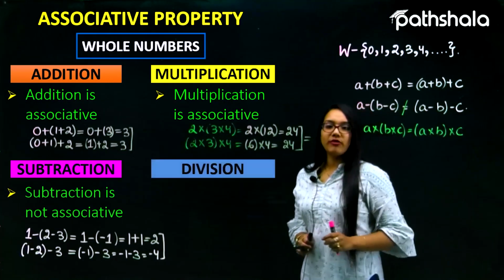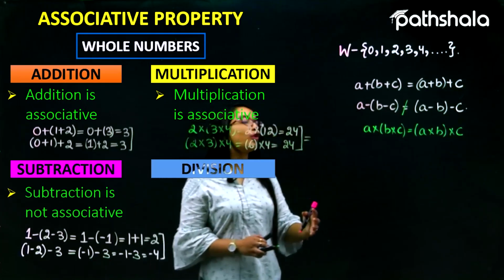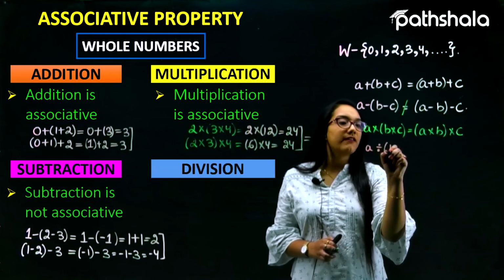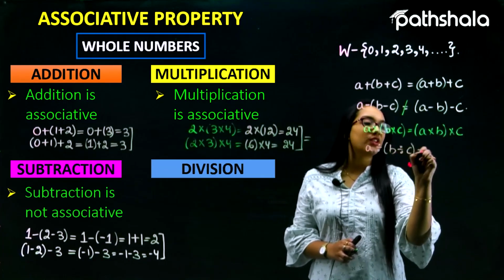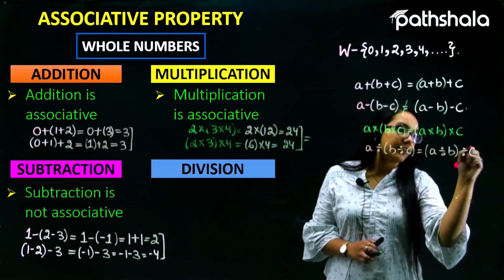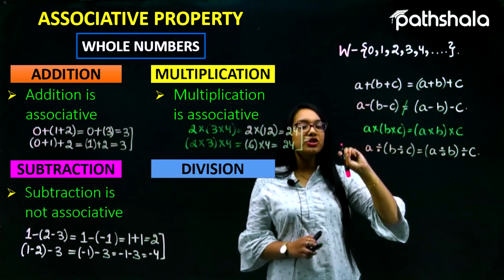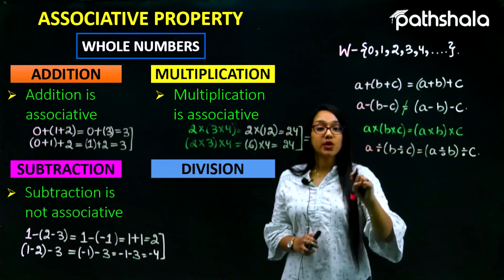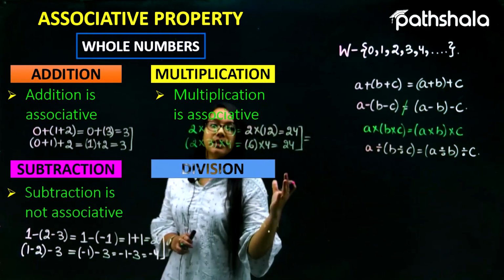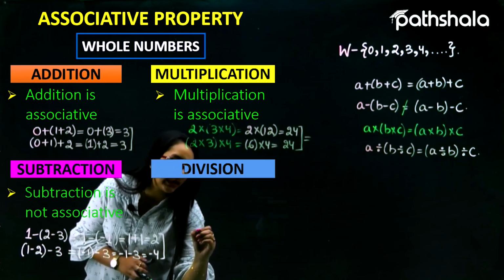So let's just move on further towards division. In the same way, we have to conclude that A divided by (B divided by C) should be equal to (A divided by B) divided by C. If this particular condition holds, it means that division is associative, else division is not associative. So let's take any three whole numbers.